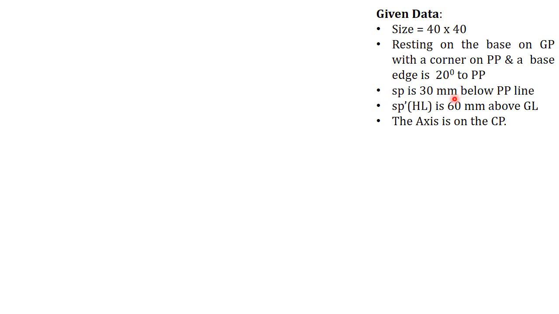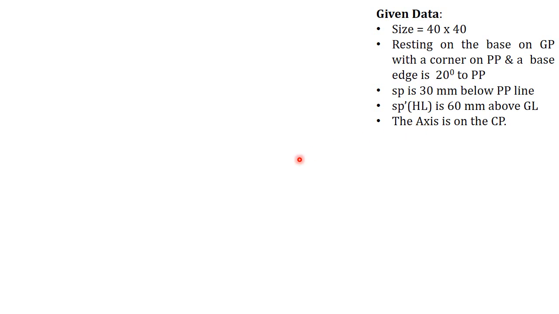They have given that the station point, the observer, is 30 mm in front of PP, 60 mm above the ground plane, and the axis is on the central plane. So it's a central line passing through the axis point.